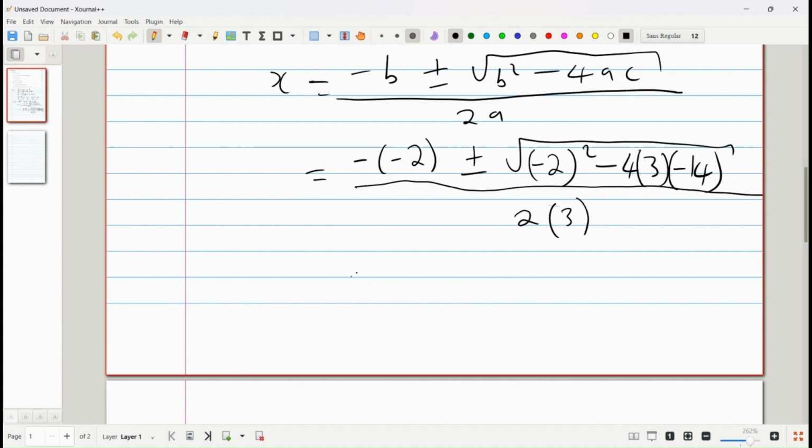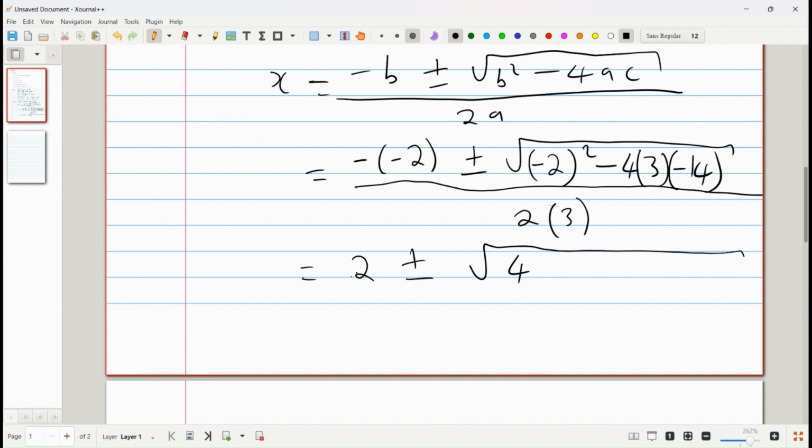Negative 2 times negative 1, it's positive 2, plus or minus the square root of, we have negative 2 squared. What is negative 2 squared? It's positive 4. And then here, negative 4 times 3 times negative 14.